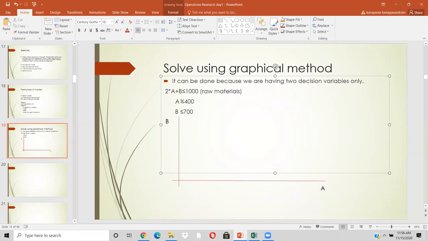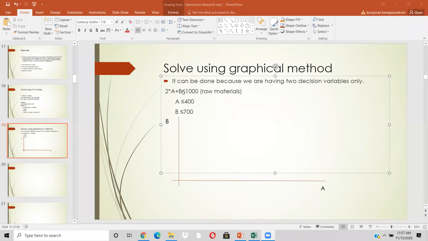Is it one line, or will there be many lines like that? Less than or equal to 1000 means there will be a huge number of values. So we are saying one line, that's fine.